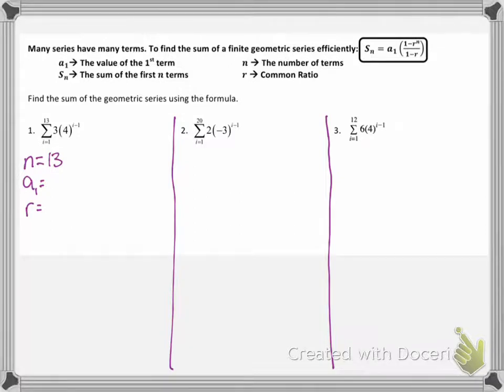Now, we're not going to have to do a lot of work if you know the format of the geometric rule, because it is so specific and it doesn't really require any simplifying. Inside the parentheses here, next to the exponent is your ratio. The number in front of the ratio is your first term. So the a1 is 3, the r is 4.